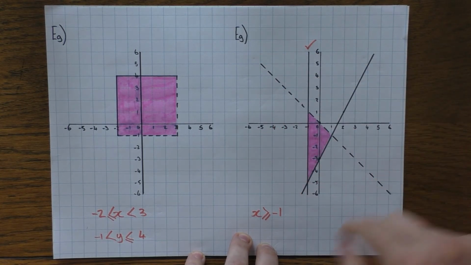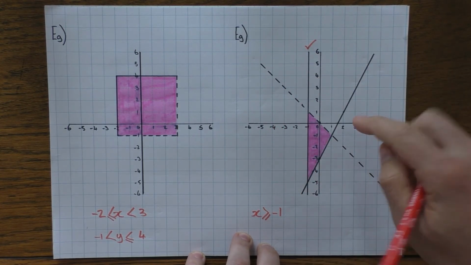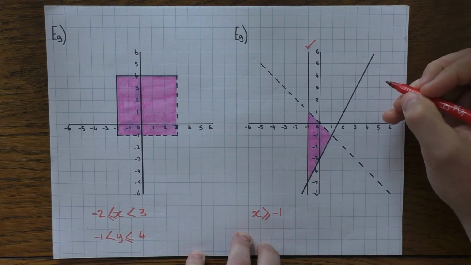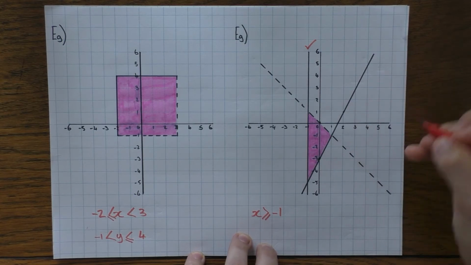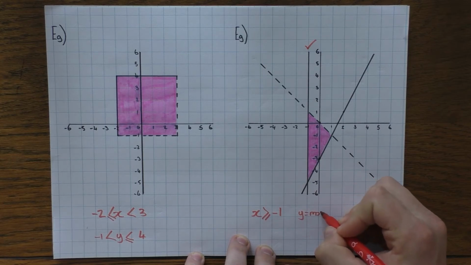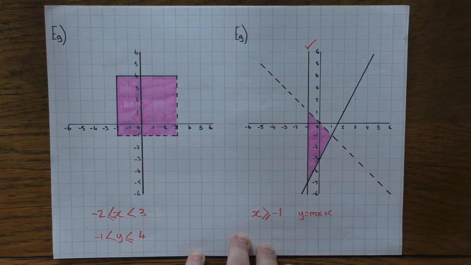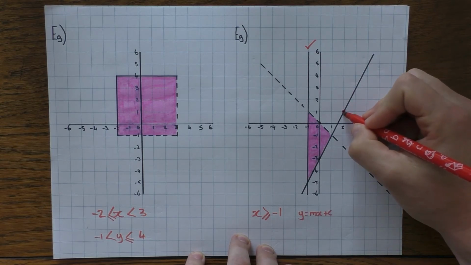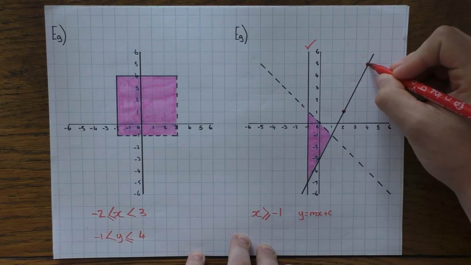These ones here, slightly trickier. To do that, we need to find the equation of the line. So remember, the equation of a straight line is just y equals mx plus c, where m is the gradient and c is the y-intercept. To work out the gradient, pick two coordinates on the line.